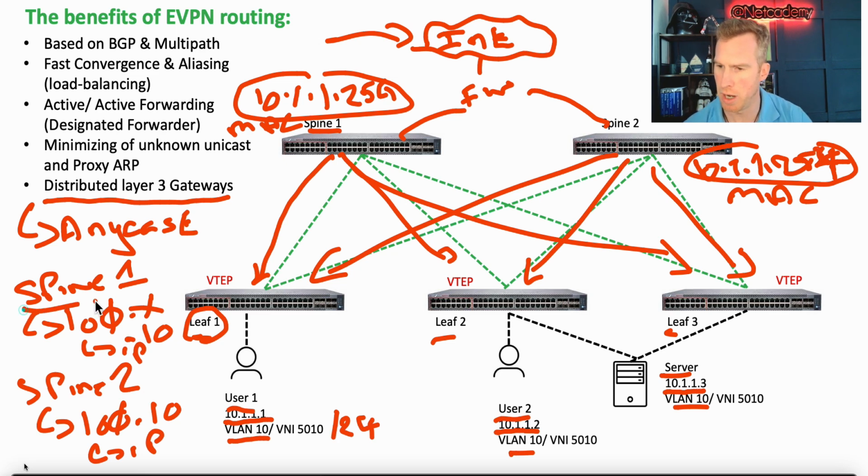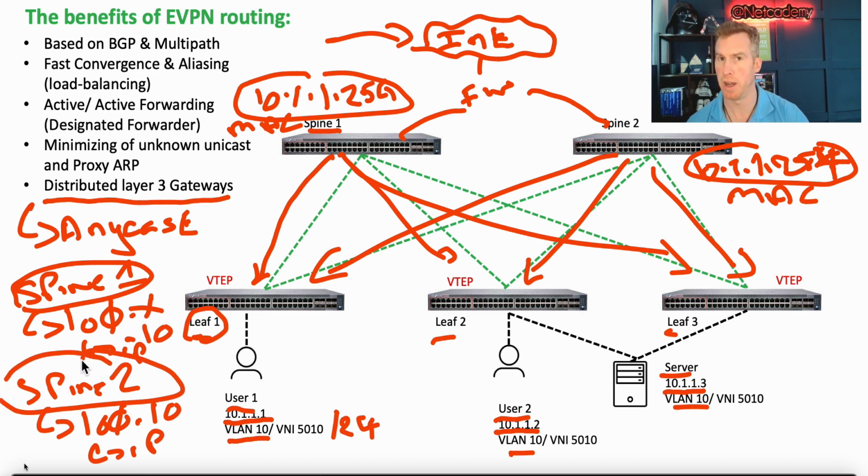I can go via this IP address here for spine 1, or I can go via this IP address here for spine 2. Multiple next hops, but going to the same virtual IP address with the same virtual MAC address, and thus you are distributing your gateway across your network.